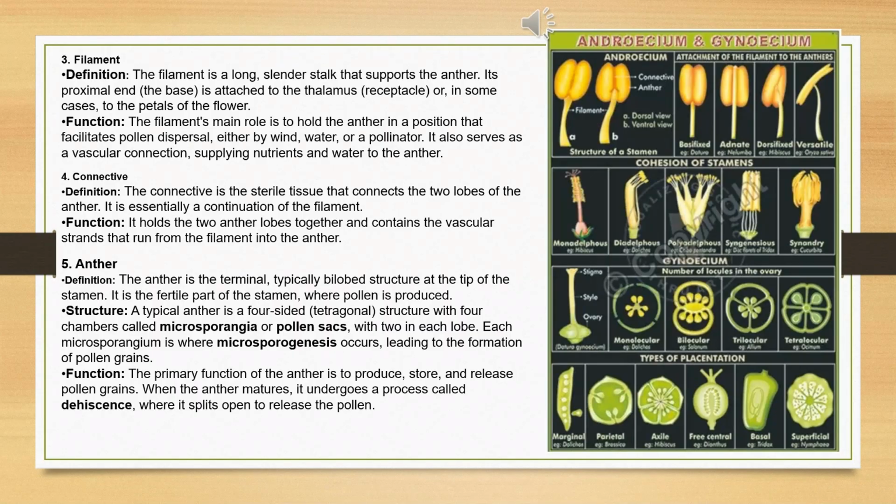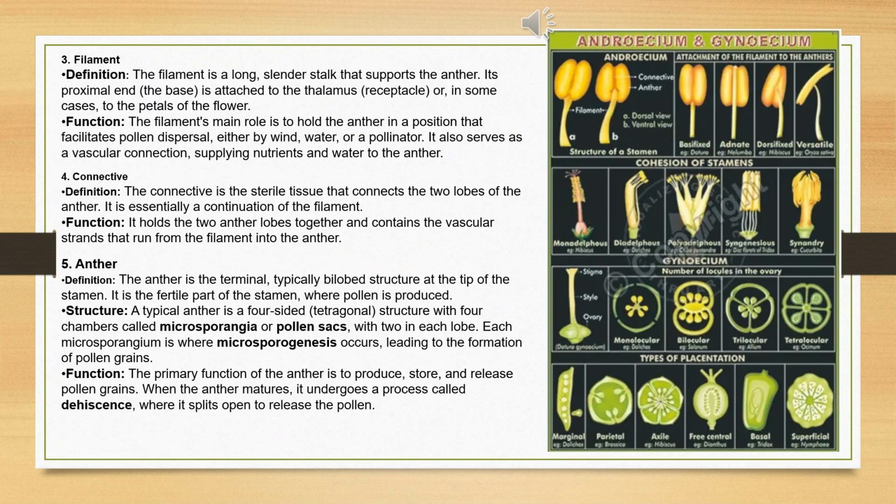A typical anther is a four-sided tetragonal structure with four chambers called microsporangia or pollen sacs, with two in each lobe. Each microsporangium is where microsporogenesis occurs, leading to the formation of pollen grains.